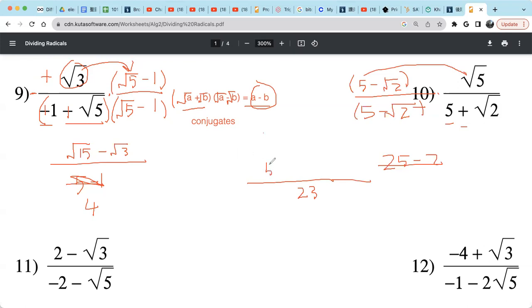That's 5 radical 5. It's super difficult to write on this chart. Then minus a negative square root of 2 times square root of 5. That's minus square root of 10. And that's it. That's the answer for 10: 5 radical 5 minus radical 10, divided by 23.